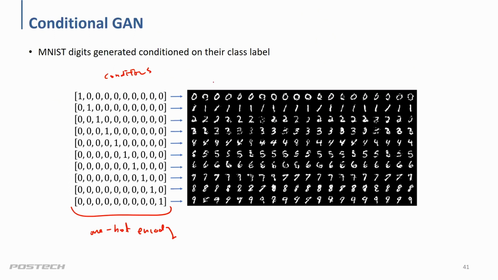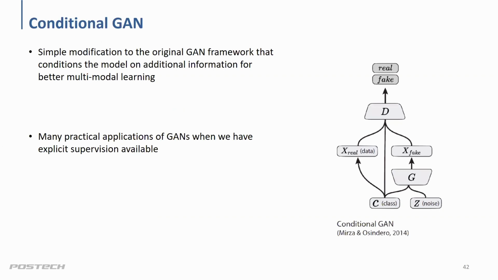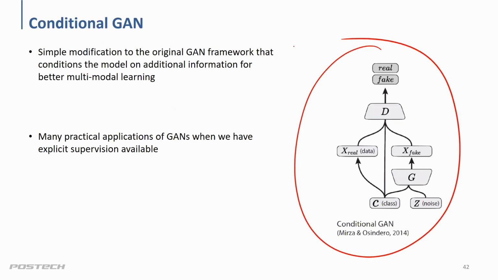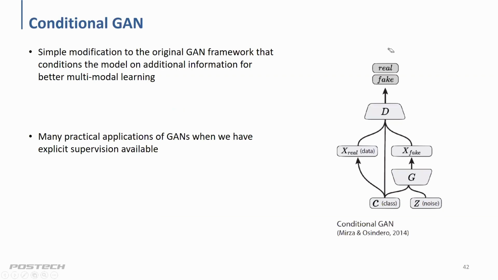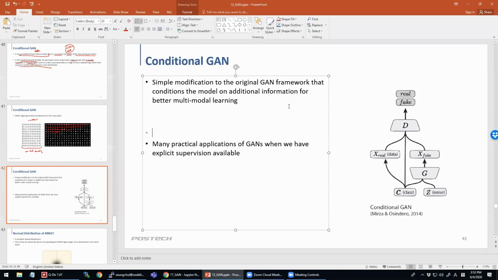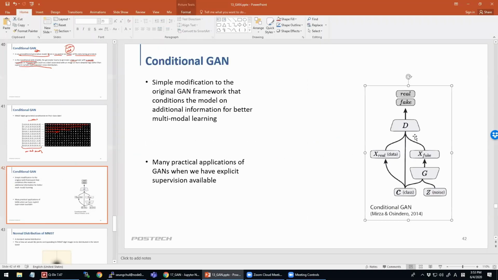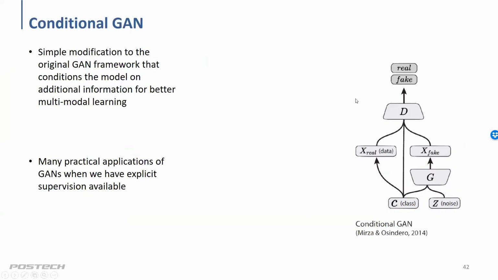And these are conditions, and I want to generate a bunch of zeros, ones and twos. So this is the structure, and now let me explain step by step.